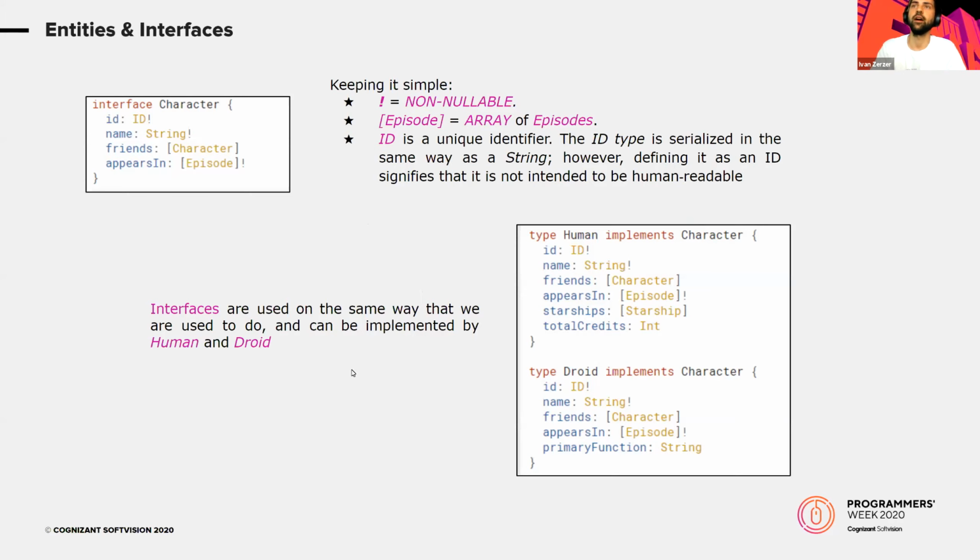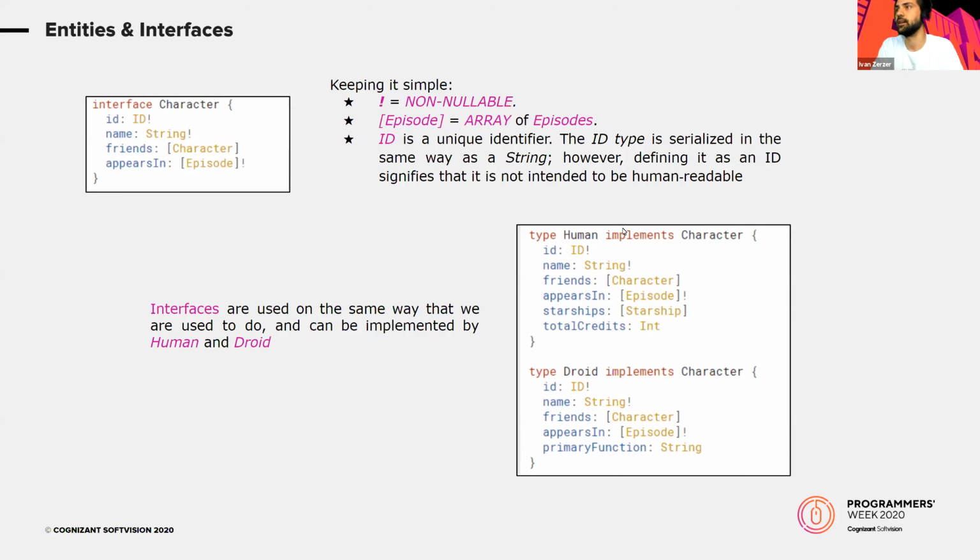So here I have an interface, the character interface. As in every programming language, the interface works in the same way. You can have the ID, which is a data type, the string, and object data types or entity types. And you can create a model for your interface character, and you can implement it here on a type. A type is like an entity, a class.